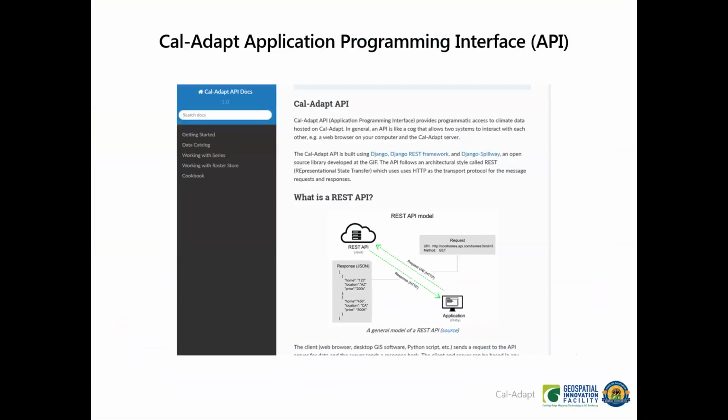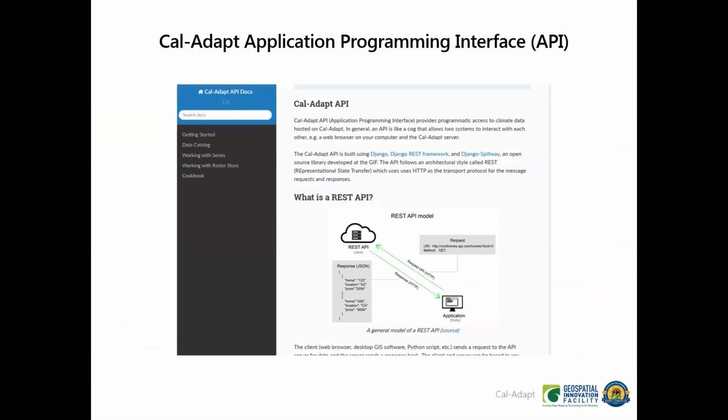Now, an API can be thought of as a cog that allows two different systems to interact with each other. So in this case, the API is allowing the web browser on your computer to interact with the CalAdapt server, where all the data is held, and to interact with the features of the API.